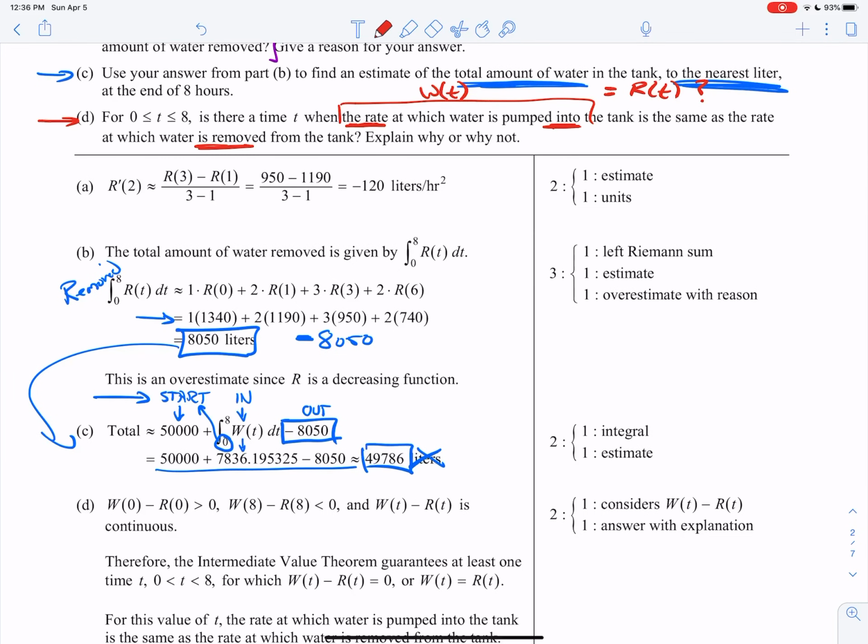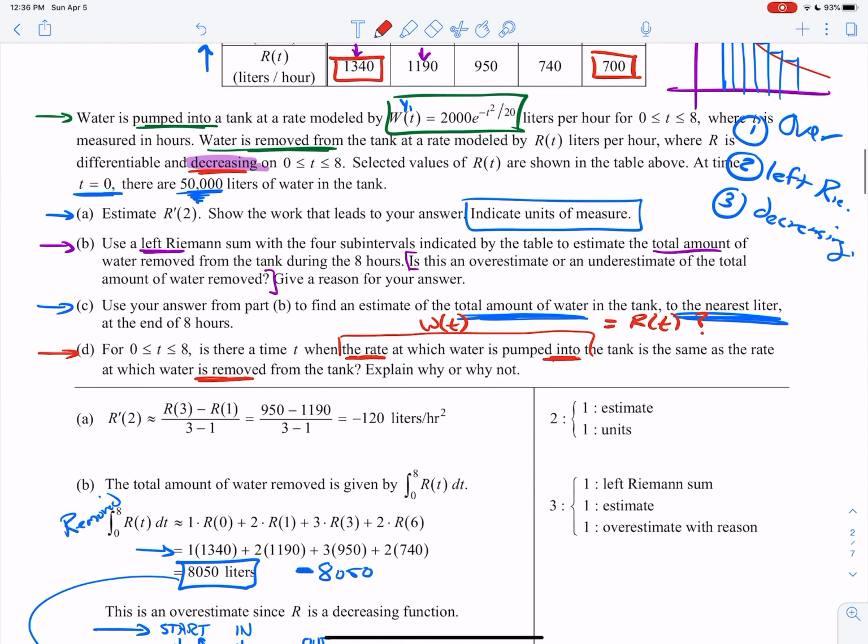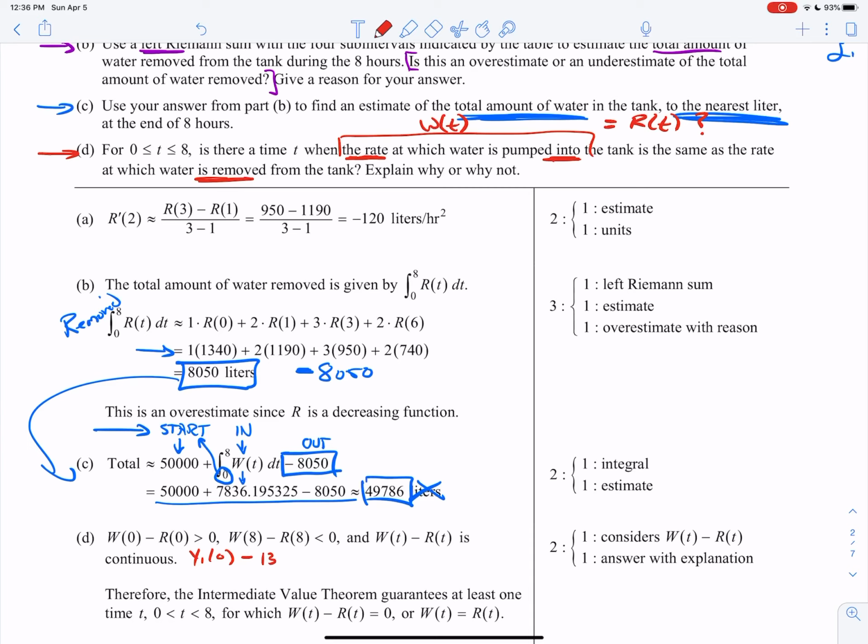So here's what you do. You check the difference. What I mean by that is W of 0 is pretty much Y1 of 0 on your calculator, minus R of 0, which is really just, I believe, 1340. When you plug this into your calculator, it comes out to something positive.